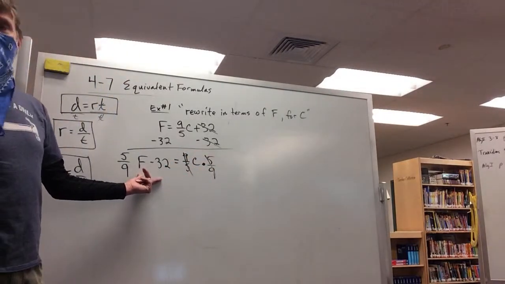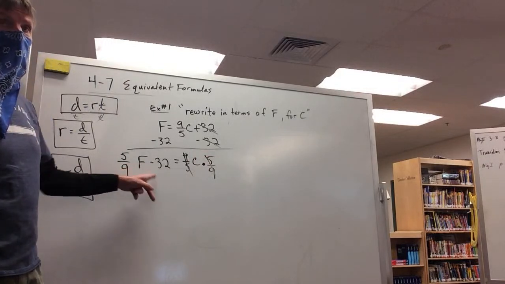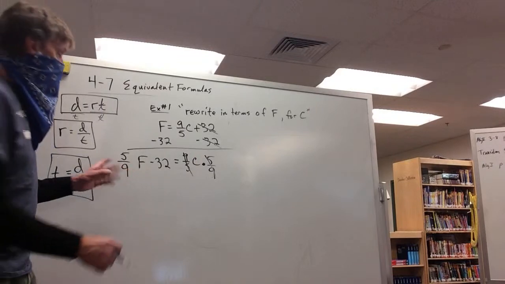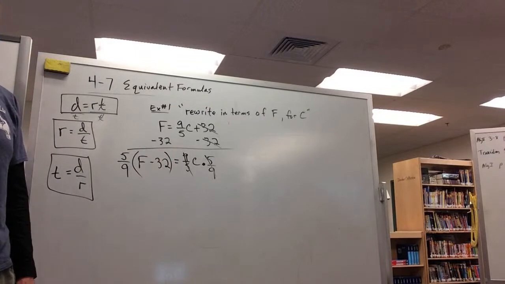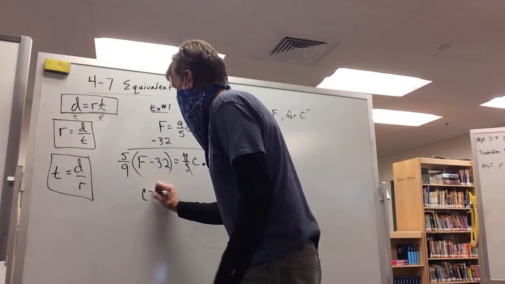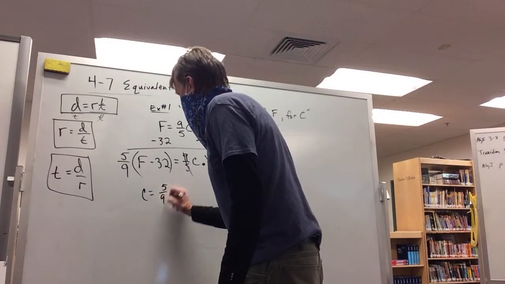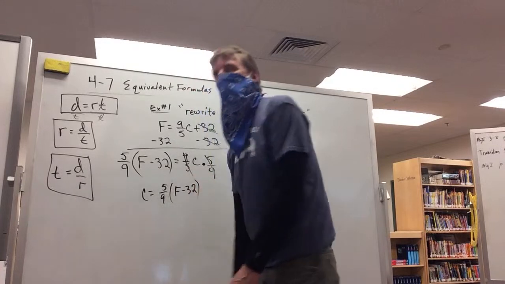When we do the entire left-hand side, we don't just say 5/9 times F and then subtract 32. It has to be times the entire amount, so that gets put in parentheses. So if we were to rewrite all of this, we would say that C is equal to 5/9, the number of degrees Fahrenheit, take away 32.